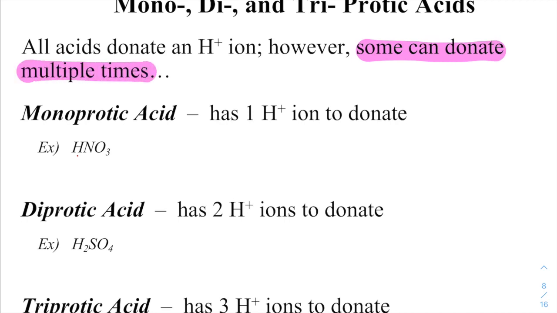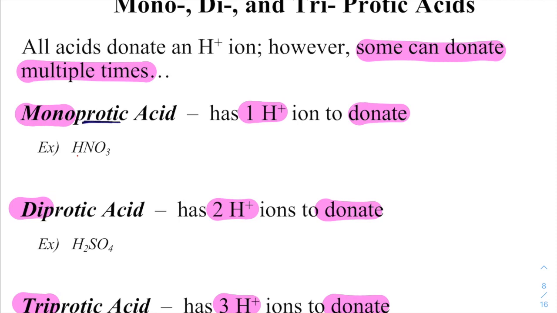They're referring to acids that can donate 1, 2, or 3 protons. We're going to use the prefixes you're used to, mono, di, and tri, to indicate if one hydrogen is donated, or 2 hydrogens are donated, or if 3 hydrogens can be donated. The protic part, as in monoprotic, refers to proton, which is the H plus.